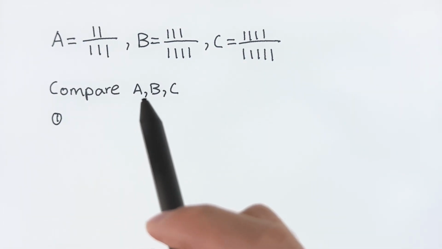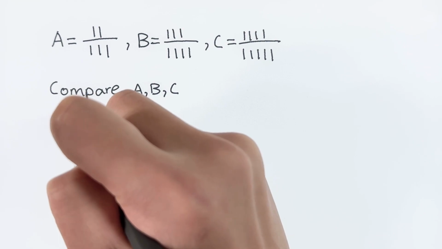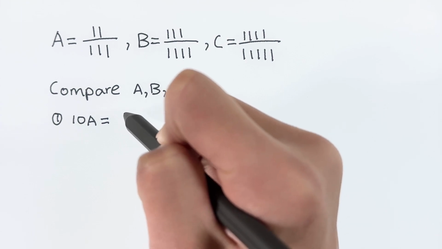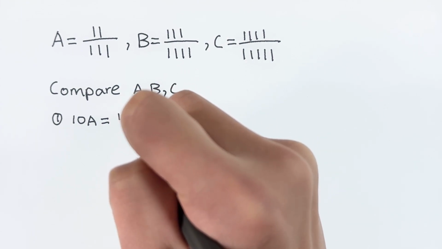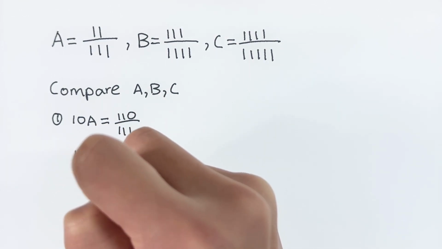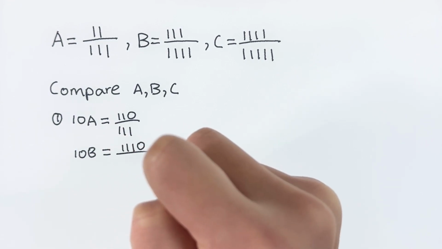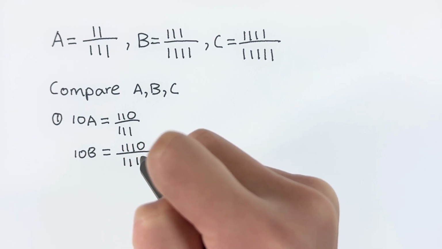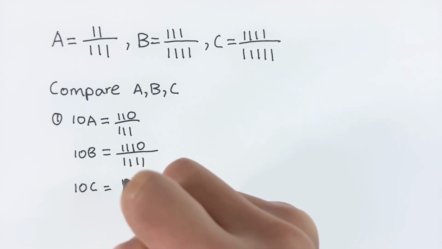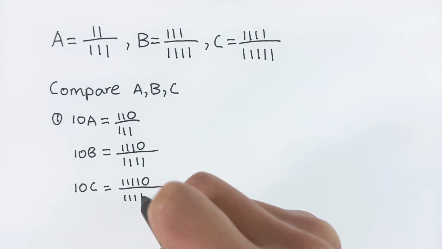So then we can utilize the fact that the denominator equals 10 times the numerator plus 1. 10a equals 110 over 111. 10b equals 1,110 over 1,111. And 10c equals 11,110 over 11,111.